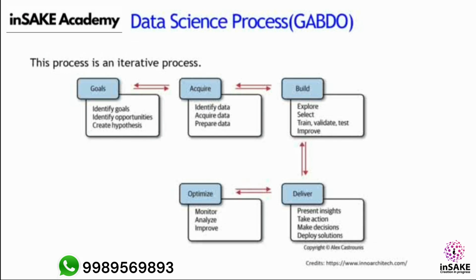That plays a crucial role. Even in the industry, 80% of the time you will be spending on preparing this data, and the other 20% you will spend on model application, UI deployment and all that kind of stuff. So this is the most crucial phase in taking off a data science project.